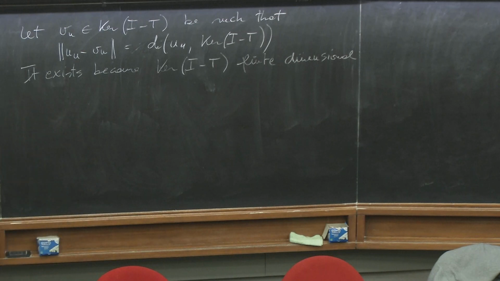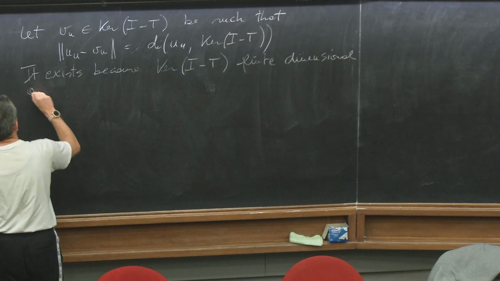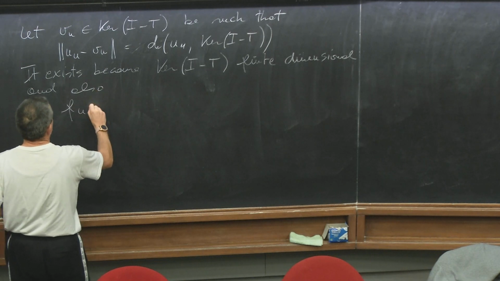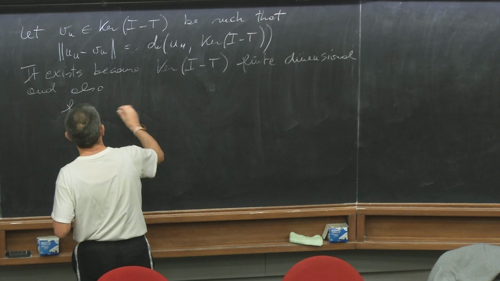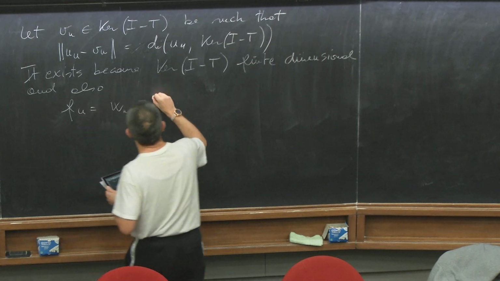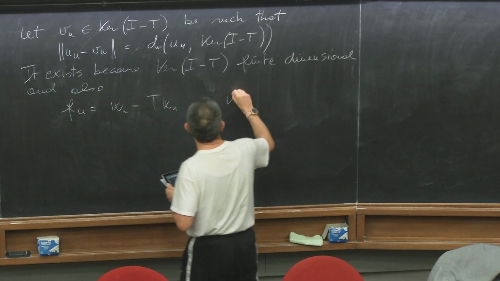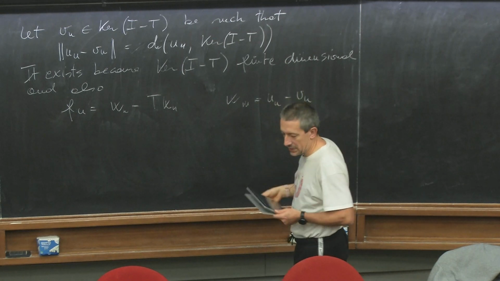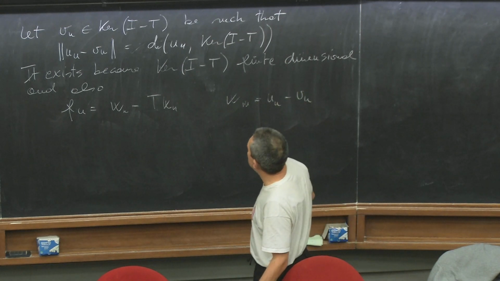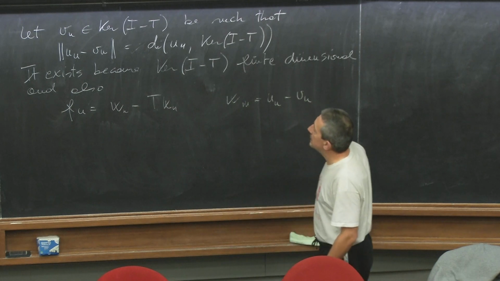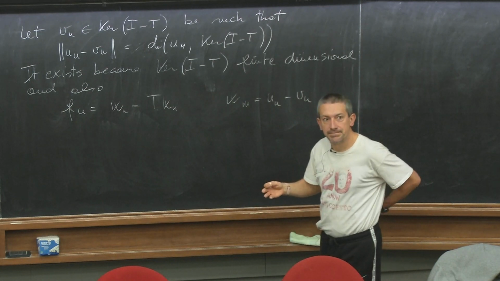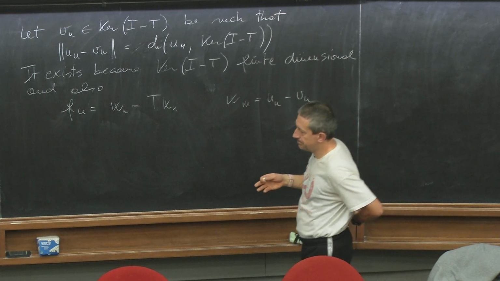So now we are in this relation, and it also holds that Fn is equal to, let's call this Wn minus T Wn, where Wn is equal to Un minus Vn. So it is essentially, in some sense, the minimal norm of Un.